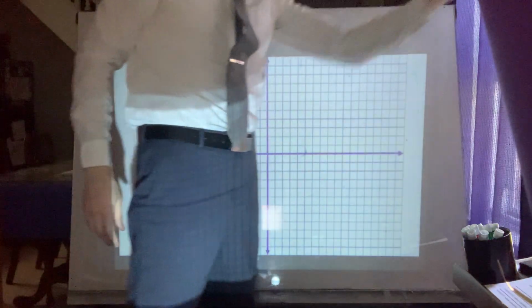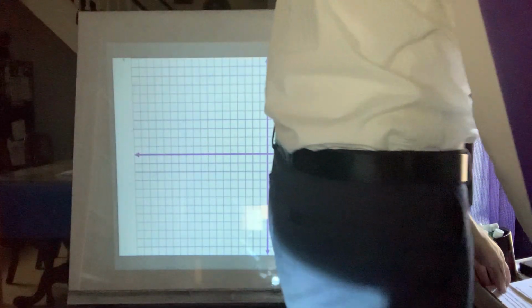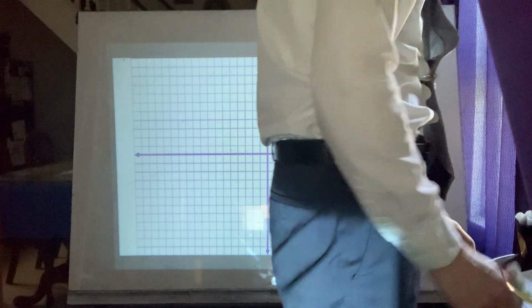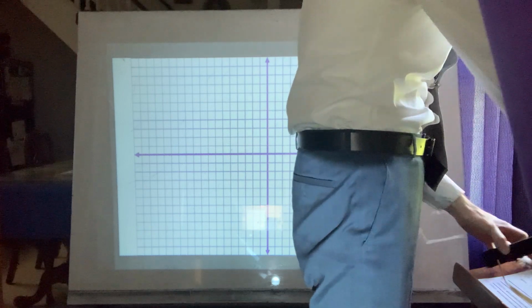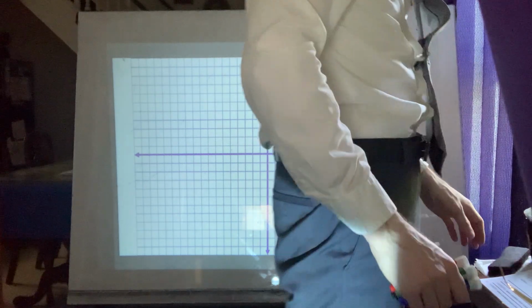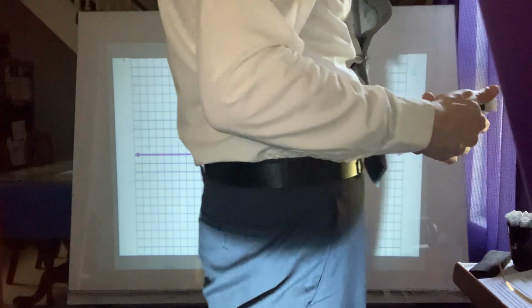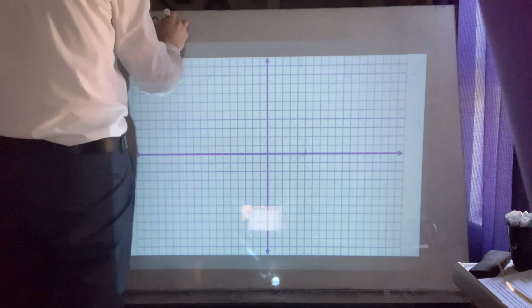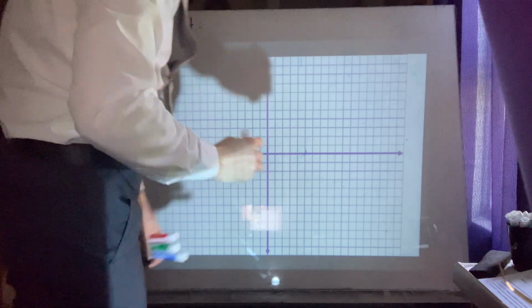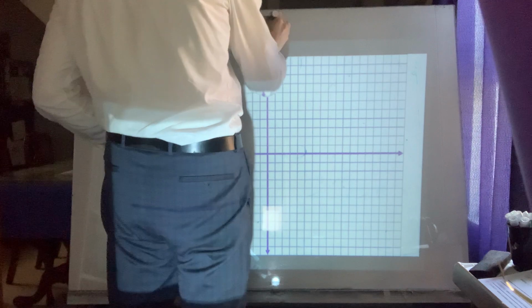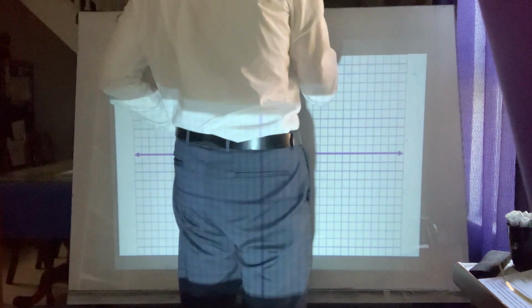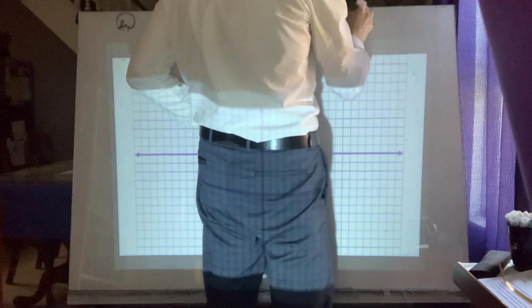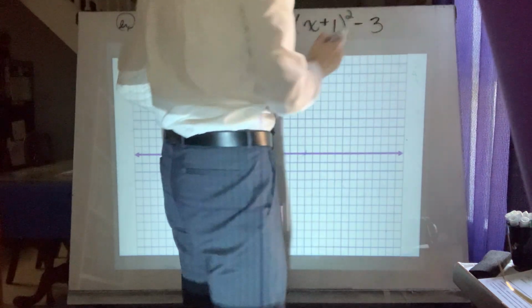Say you had to graph this by hand: the function f(x) equals 3(x + 1)^2 - 3.